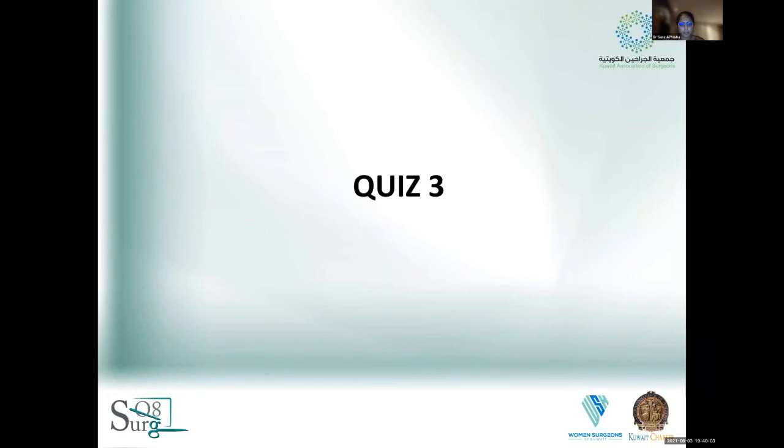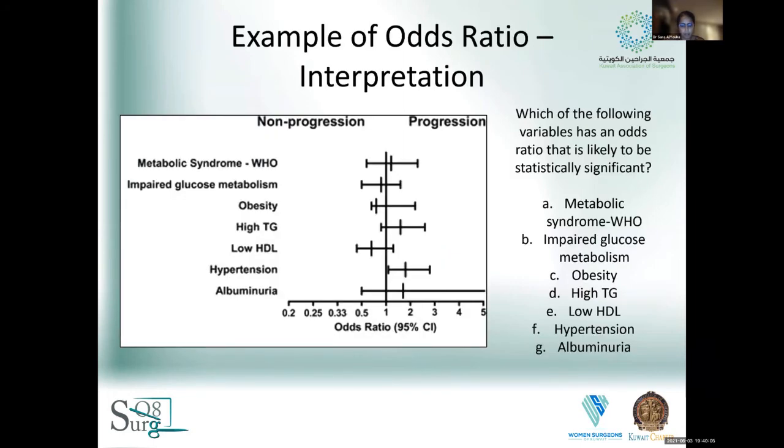Before we look at quiz 3, which will come up now, odds ratios and all ratios are usually expressed in this kind of diagram. I'm sure most of you have seen it, but basically on your y-axis, you have variables that are described. So in this case, obesity, high triglyceride, low HDL, and the odds ratio is in the middle, on the x-axis, sorry. Here it goes from 0.2 to 5.